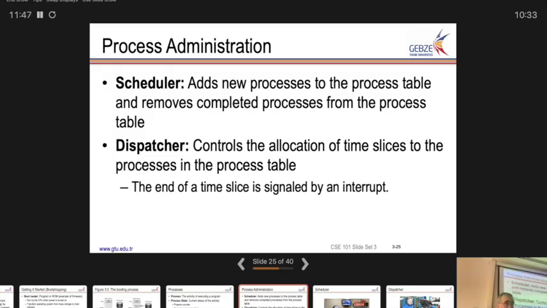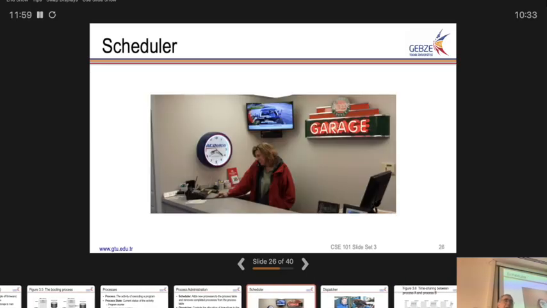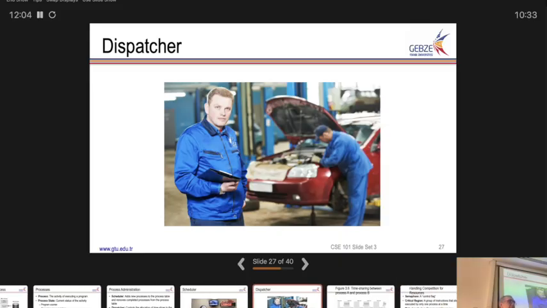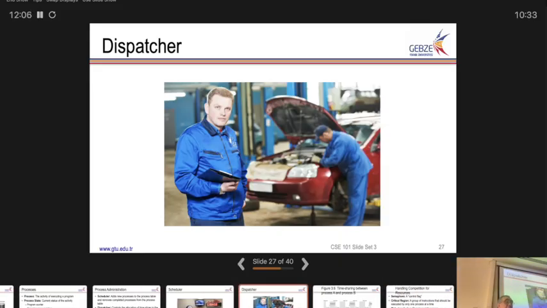Each time slice is signaled by a timer. This is the scheduler, another scheduler woman, and the dispatcher. The dispatcher is interesting. He is on the shop floor and says, Ahmet Usta, leave that car, go here. So that is the dispatcher's job.